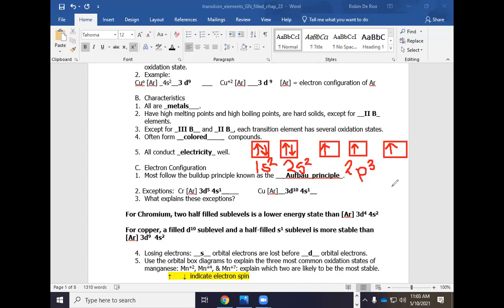So that's what you're doing for the manganese atom. So this is the atom. You're doing this for the manganese atom, manganese plus 2, manganese plus 4, manganese plus 7. And then you're going to pick which 2 would be the most stable. So that's what you're doing. You're answering the question.